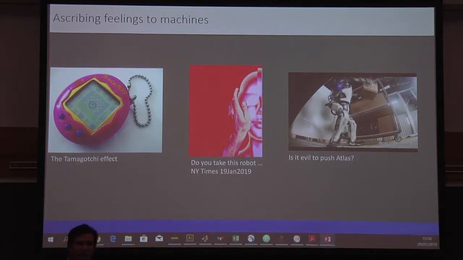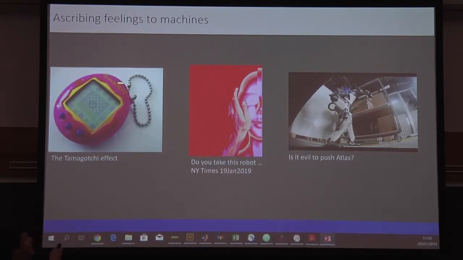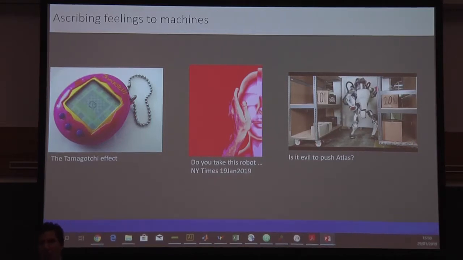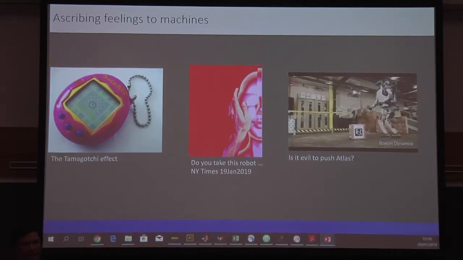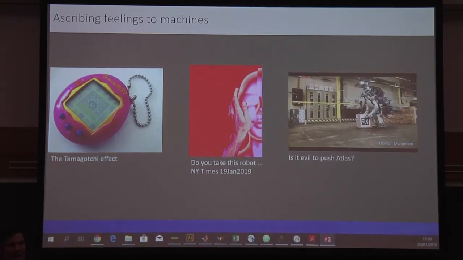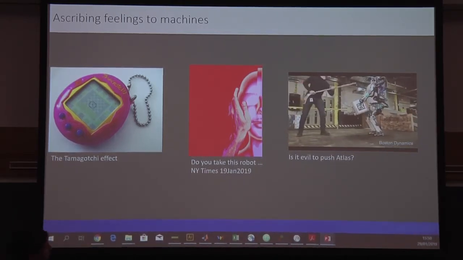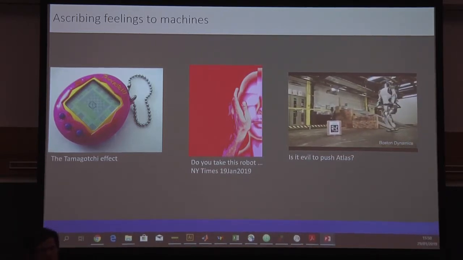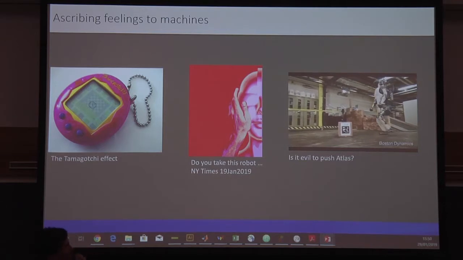And then people were incredibly attached to these extremely simple devices that have no resemblance to biology and absolutely no deep convolutional network, no neural network, no AI, no nothing. There was an interesting article in the New York Times recently about people falling in love with machines.